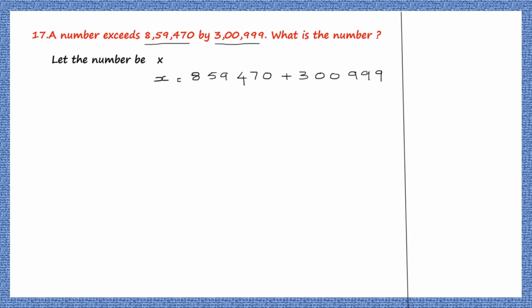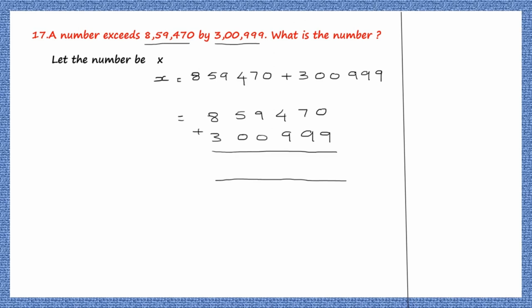When you add up this, you will know the value of x. So let's add up these two numbers, 8,59,470, and here we have 3,999. 0 plus 9 is 9, 7 plus 9 is 16, carry 1, 4 plus 1 is 5, 5 plus 9 is 14, carry 1, 9 plus 1 is 10, carry 1, 5 plus 1 is 6, and 8 plus 3 is 11.